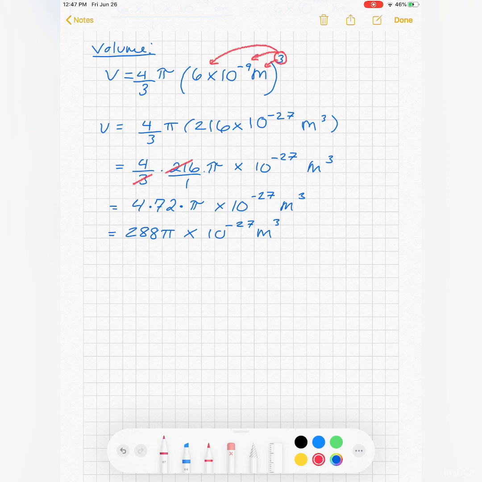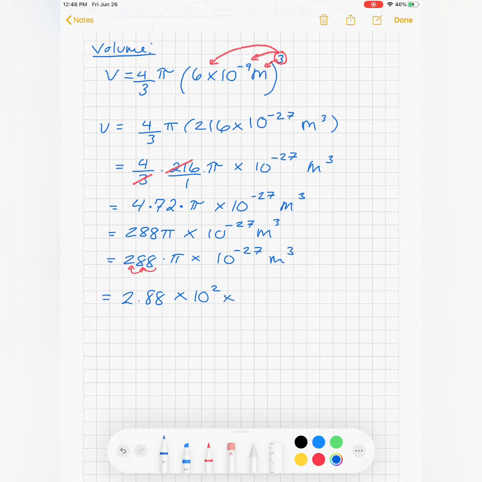Okay, then of course I have to adjust my decimal here. So right now, I have the 288 times the pi times the 10 to the negative 27th, right? So what I'm interested in as far as the decimal goes is moving the decimal here 2 places left. So 2.88 times 10 squared times 100 makes 288, right?